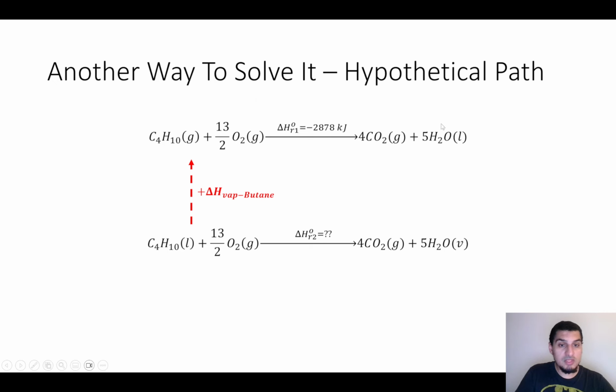The difference between this and this is that this is liquid and turning into vapor, so we add latent heat. Of course, this is 5 times, but I'm just talking about the general idea. So we add here to go to the feed conditions of the known reaction, and then we add latent heat to go from the product conditions of the known reaction to the product conditions of the unknown reaction.